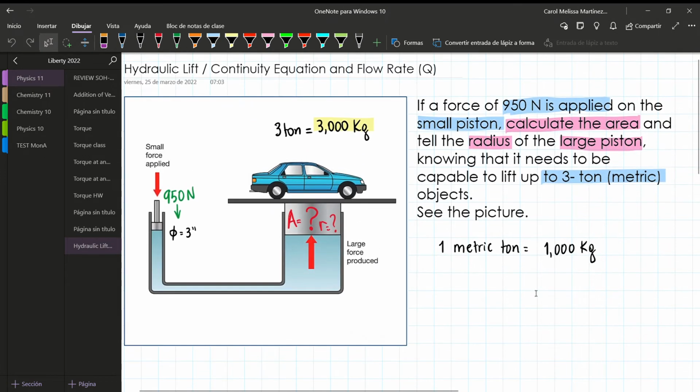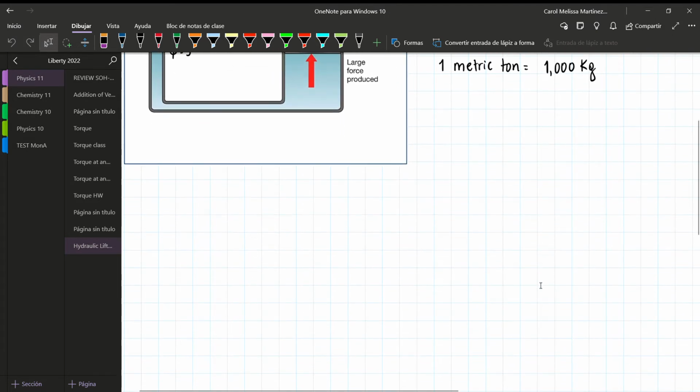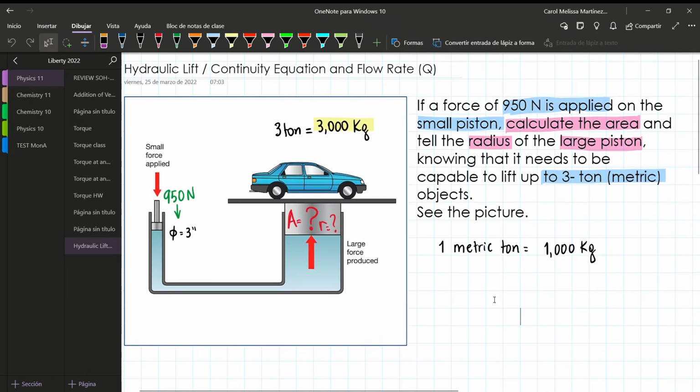It's a hydraulic lift, so I need to apply Pascal's principle. What is Pascal's principle? What is going to be my side 1 and 2?